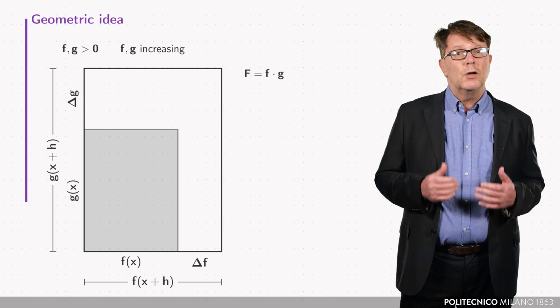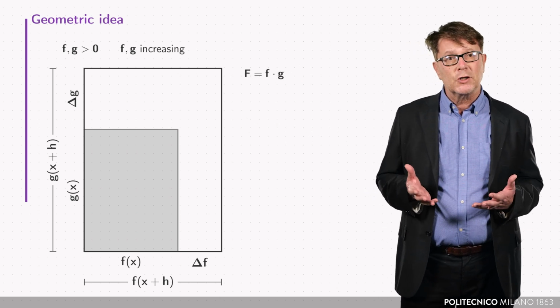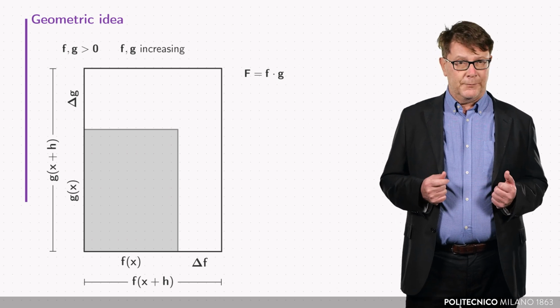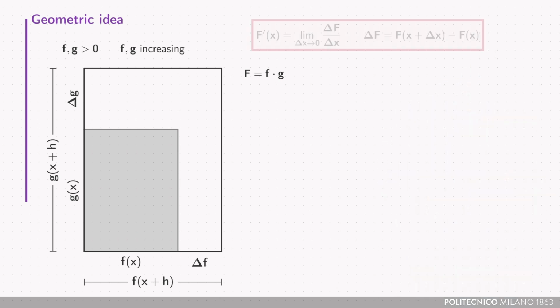We are now ready to study the derivative of the product function of f and g, which we denote by big F. The derivative of big F at x is the limit as delta x approaches 0 of the difference quotient of big F at x, when the limit exists.